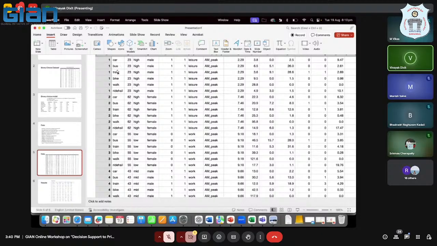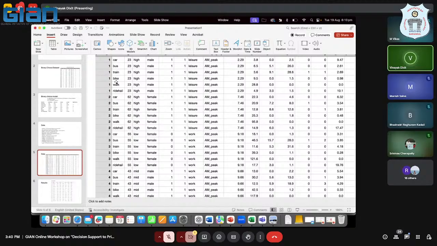But we know that bus and train are public transit, so we should try to nest them together. Car and ride hail need to be nested together because they are similar. Bike and walk are active transport, so we might need to nest them together. One way to do this, and this is pretty much what we do as well, is we run the model with different specifications.